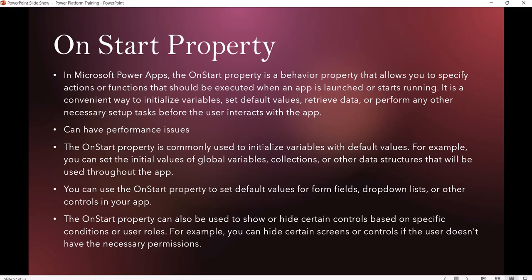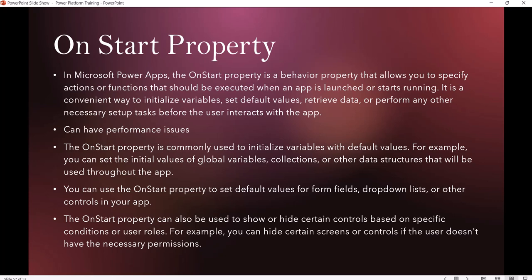So, let's say you are trying to get data from a SharePoint list; instead of getting it here, maybe you can use the screen Visible property. But definitely there will be scenarios when you want to work on the OnStart property, and this is what we'll use.